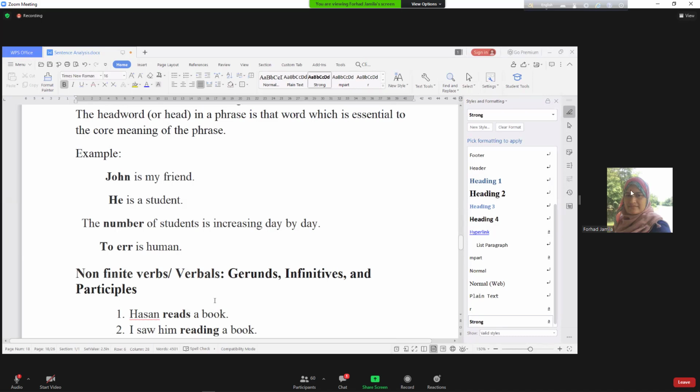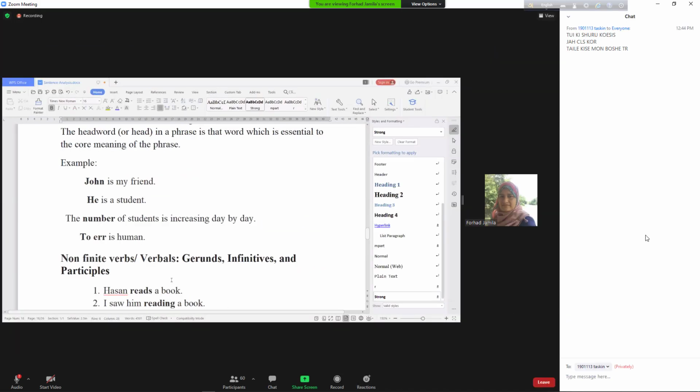Time means tense. We know that in English, the verb inflects for the change of tense, for the change of number, and for the change of person. For these three reasons the verb inflects. That means the verb changes for the change of tense, that means time.